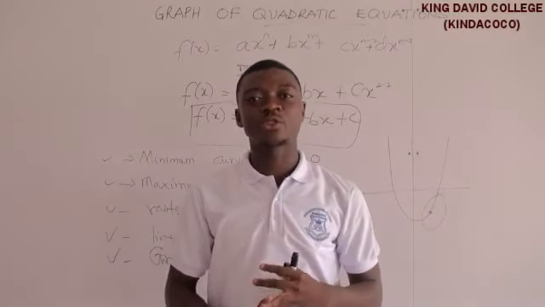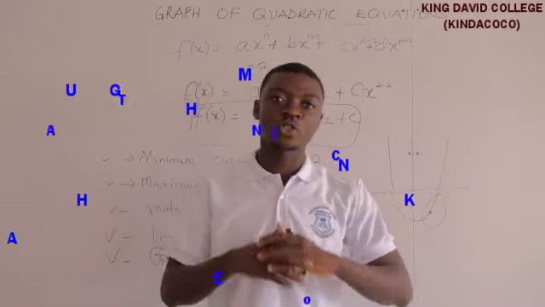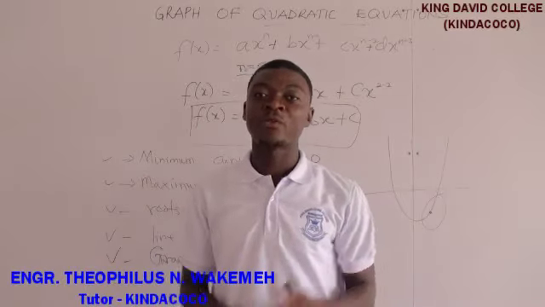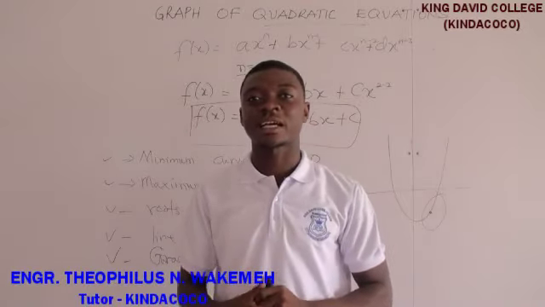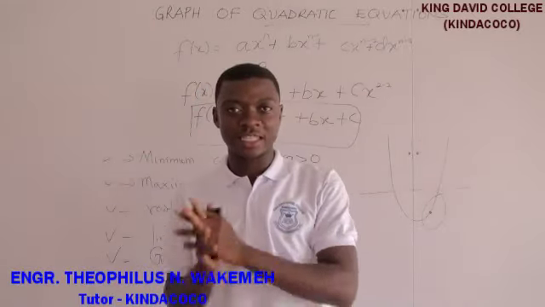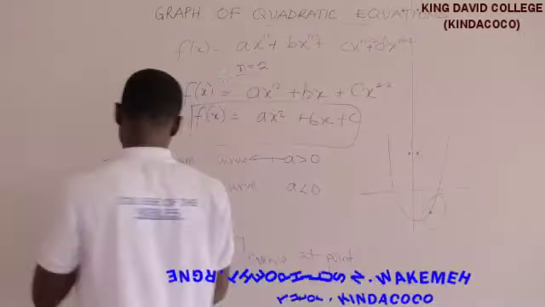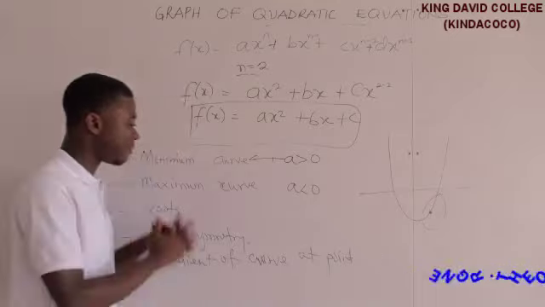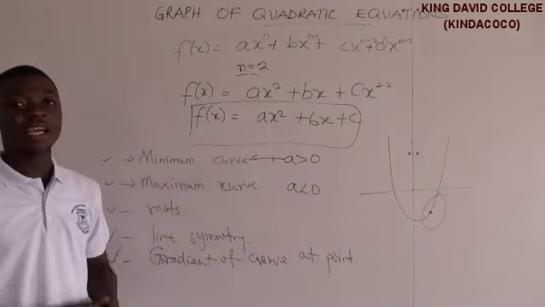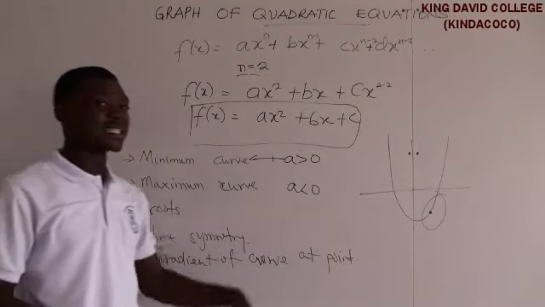That means you must choose a very good scale for your interval, and label your axes very well, because those are what actually fetch the marks. After you are done representing your whole function graphically and neatly, we can proceed to find the minimum or maximum value, the roots of the equation you've drawn, the line of symmetry, or the gradient at a certain point.